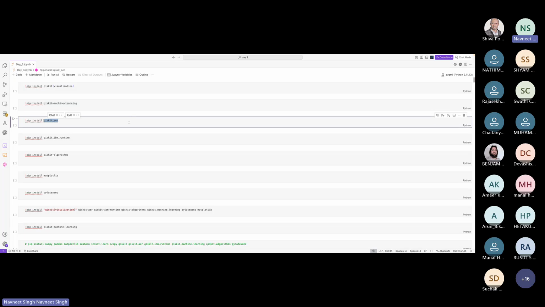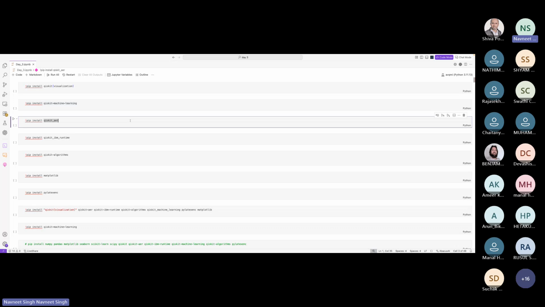For GPU purposes, as of now only the Linux operating system is supported for GPU execution. If you have any other operating system, it will not work.